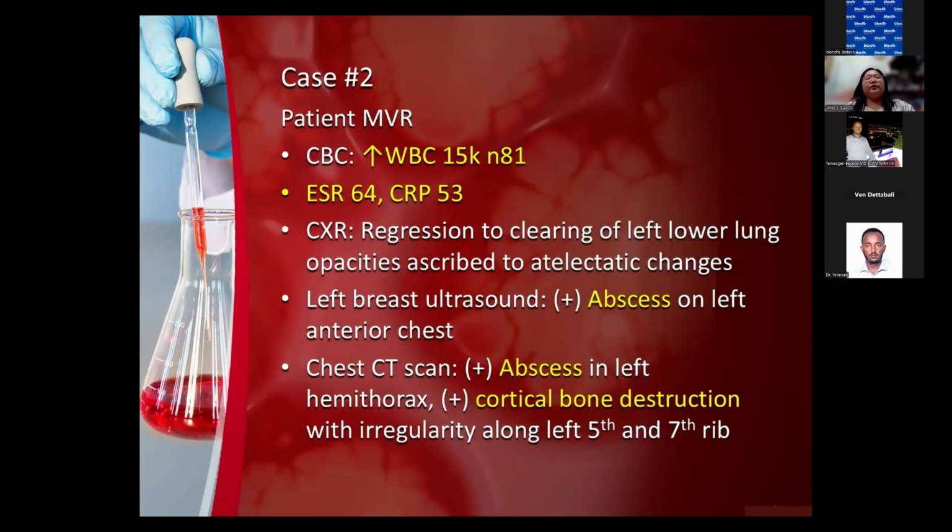Preliminary laboratories showed that she had leukocytosis with leftward shift, an elevated CRP, and chest X-ray showing no pneumonia, but with abscess on the left anterior chest concurrent with an osteomyelitis.